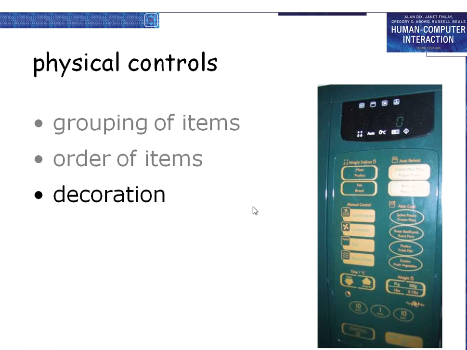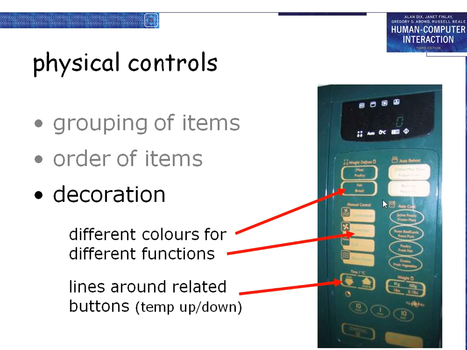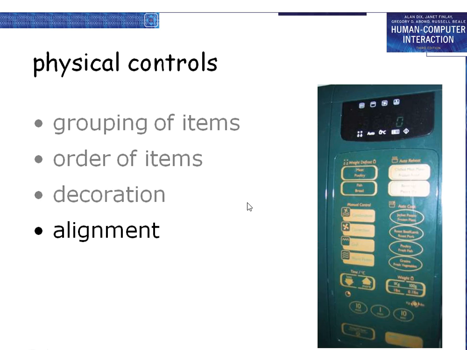The third is about decoration. What is an example of decoration? Maybe it is a different color, a different function, a different color. Or also we have a line around related buttons, so this makes a group in the decoration. Alignment. What is alignment?